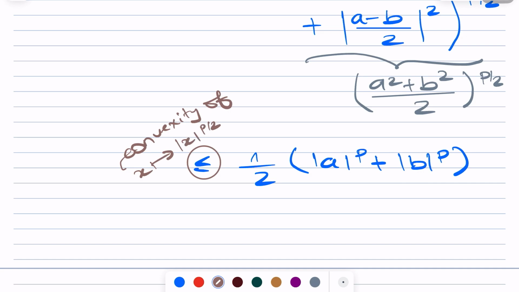Of course, this is convex for every p greater or equal than 2. So Clarkson's first inequality is proved.